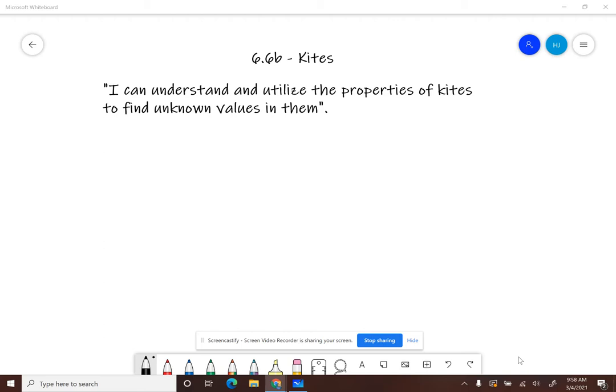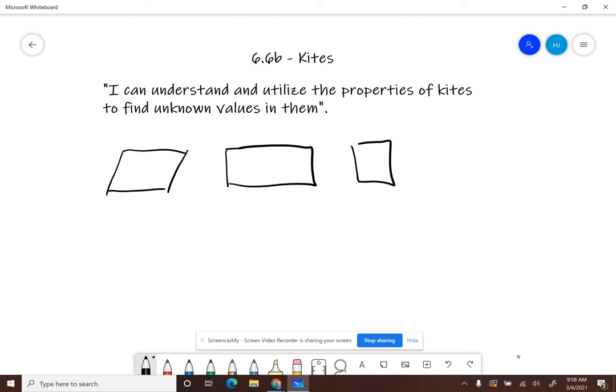So you will remember that parallelograms, for example, like just the regular parallelogram, the rectangle, the square, and even the rhombus, all of those had two sets of parallel sides. And then when we got to the trapezoid, obviously we just had one set of parallel sides on those. So that kind of separated this trapezoid from the rest of these other quadrilaterals.